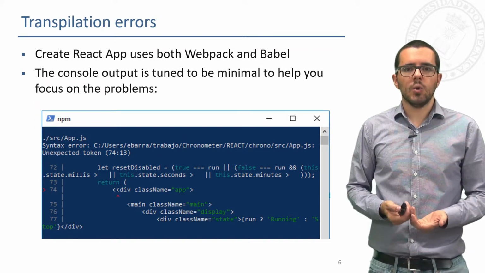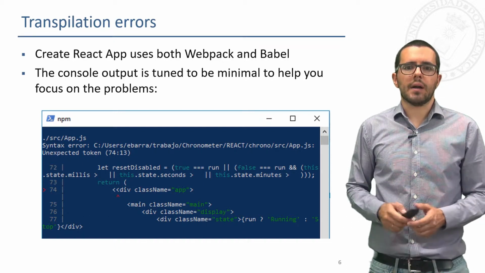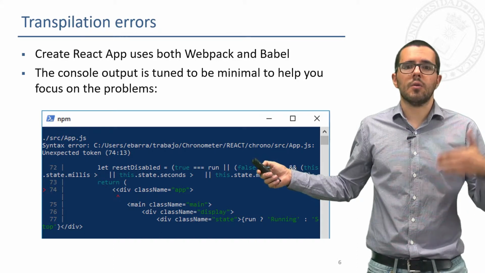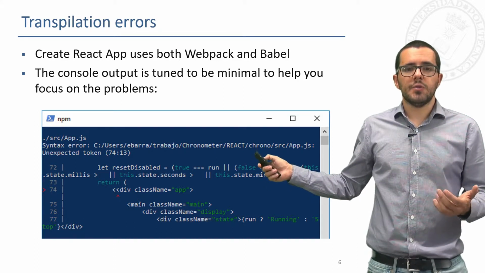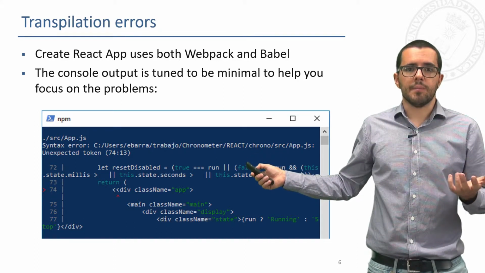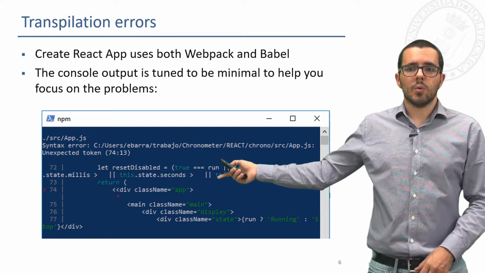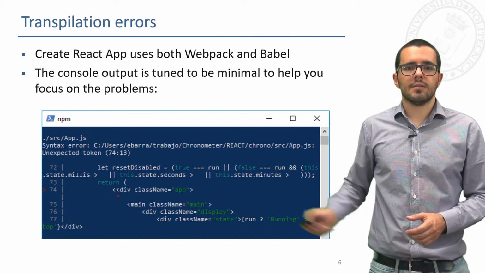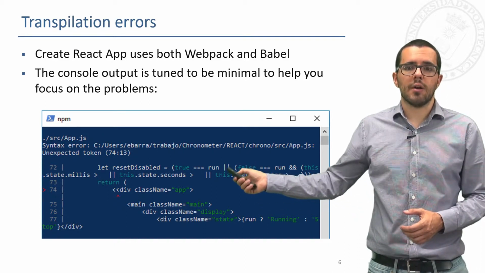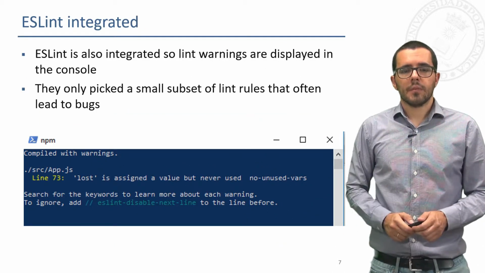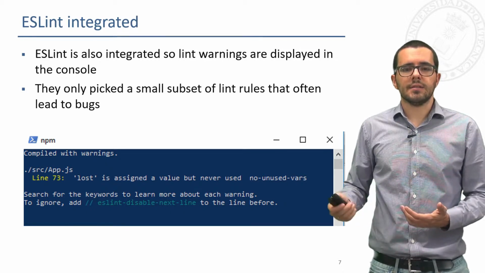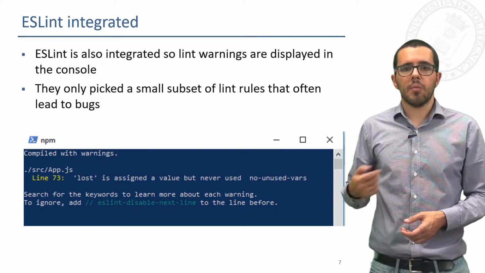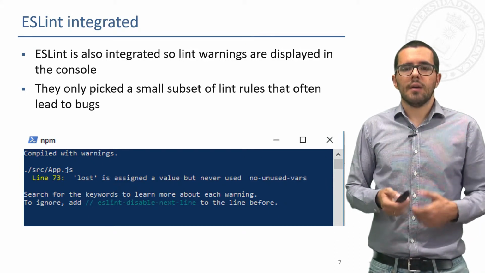Create React app includes Babel and Webpack. So in the console, in the PowerShell or shell or terminal that you use, if you have syntax failures, it will tell you, for example, with errors like this. Those are transformation or transpilation errors. It also integrates ESLint, so it will catch many bugs and many problems and small errors that we introduce.